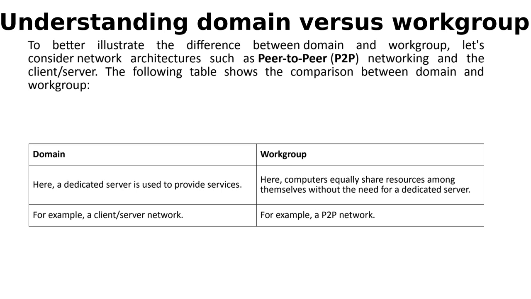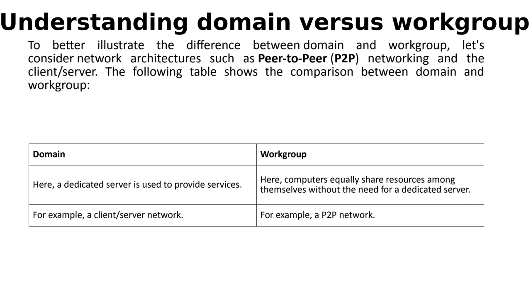So what is the difference between domain and workgroup? When you talk about workgroup, people always think about peer-to-peer network. Peer-to-peer network is before client-server. If you want to share, you just share your printer. It's very primitive, there is no control, there is no security, and it's only for a few users.